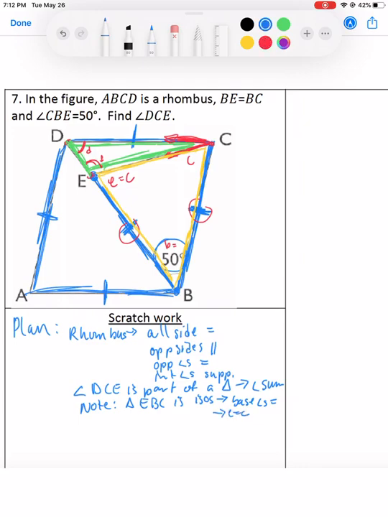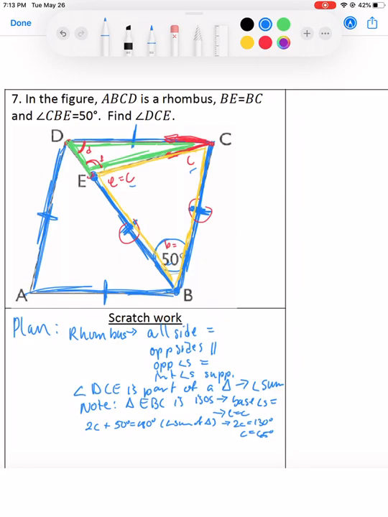Okay, so if E is equal to C, we have C's right here, and we have the 50 degrees right there for B. So we can say that 2c plus 50 degrees is equal to 180 degrees, from angle sum of triangle. And that means that 2c is equal to 130 degrees, and then c is equal to 65 degrees.